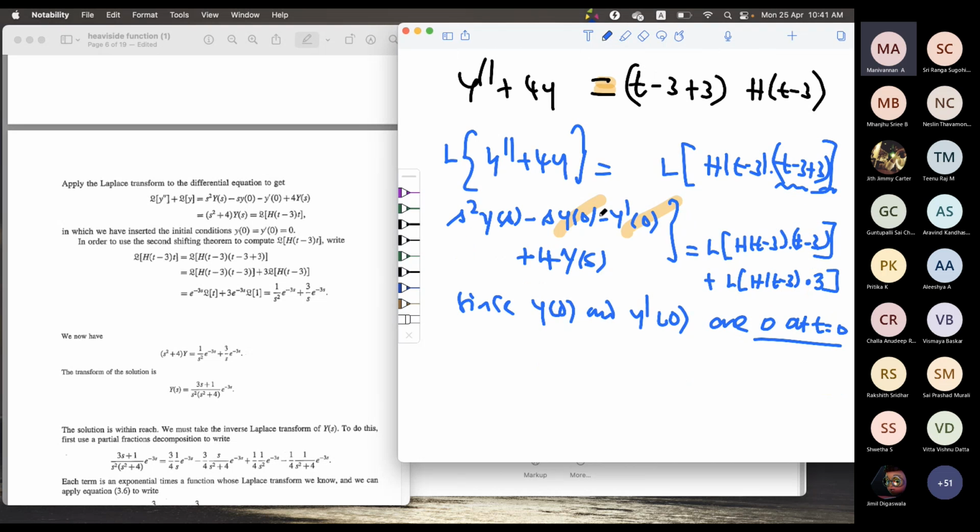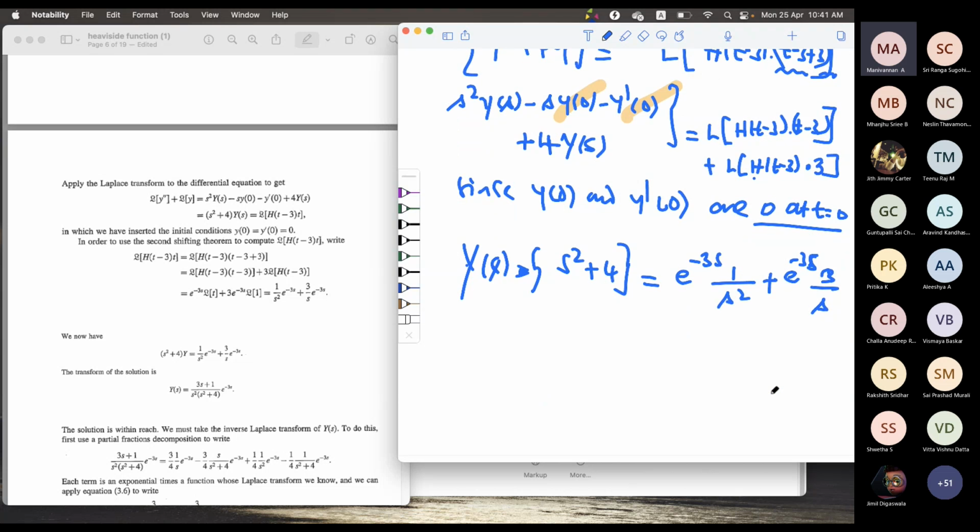Remaining, taking y of s out, it is s square plus 4 equals, from these two, applying Laplace transform, e raised to the power minus 3s, remaining Laplace transform of t, which is 1 divided by s square, plus e raised to the power minus 3s, remaining Laplace transform of 3, that is 3 divided by s. Okay, is it clear?